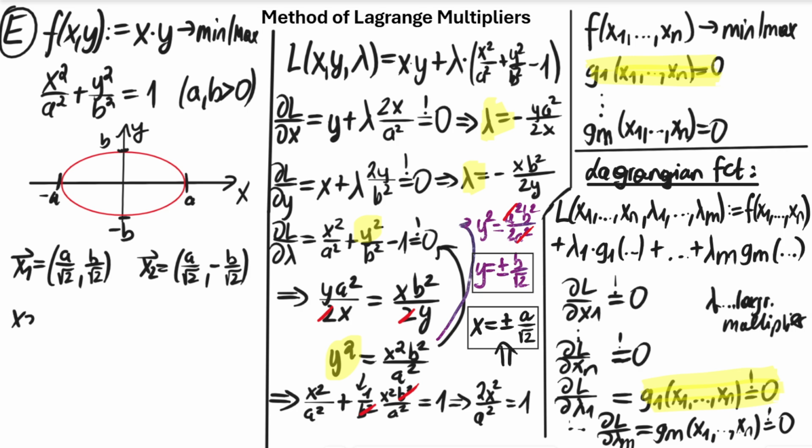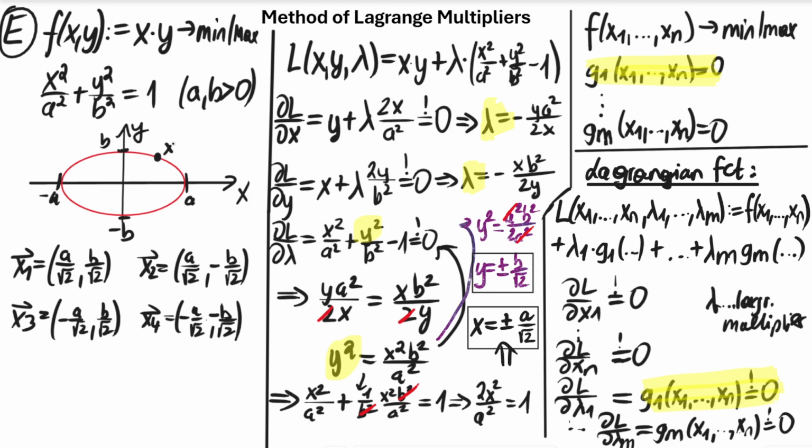Third one, minus plus. And the fourth one, minus minus. Here I should write the minus.